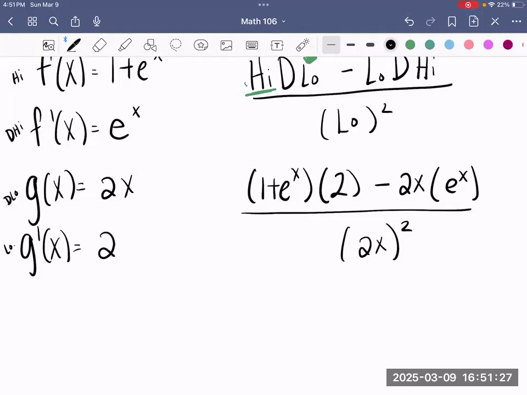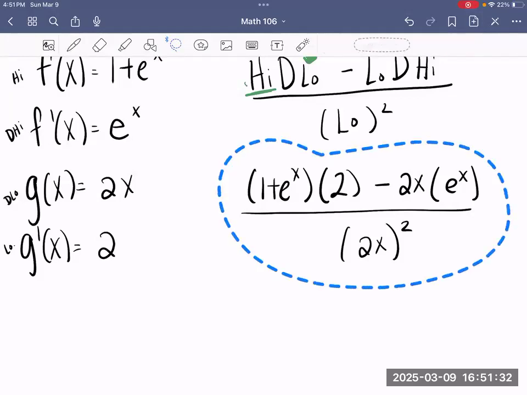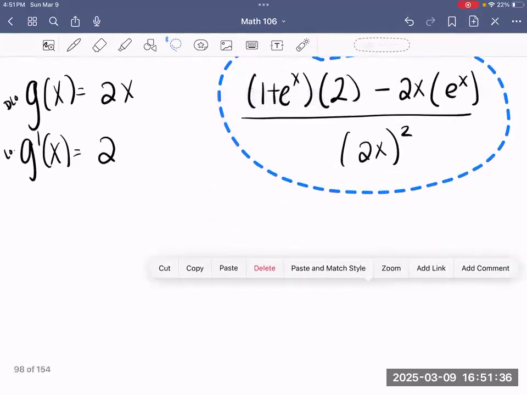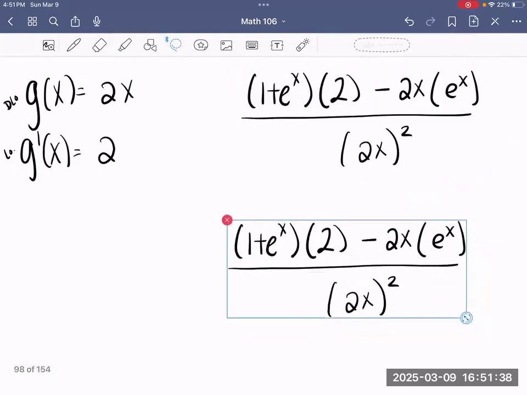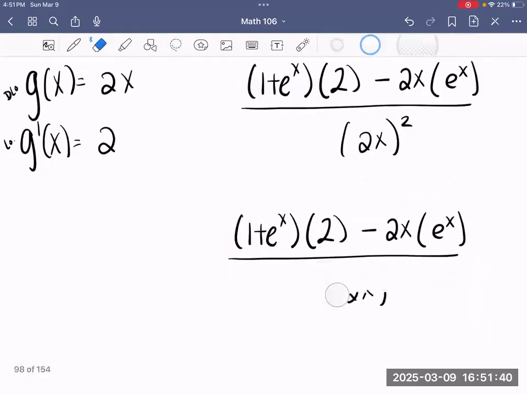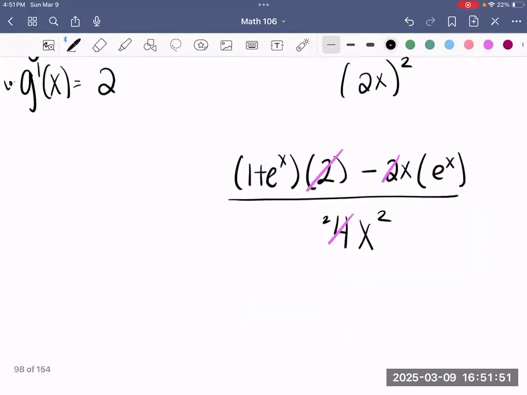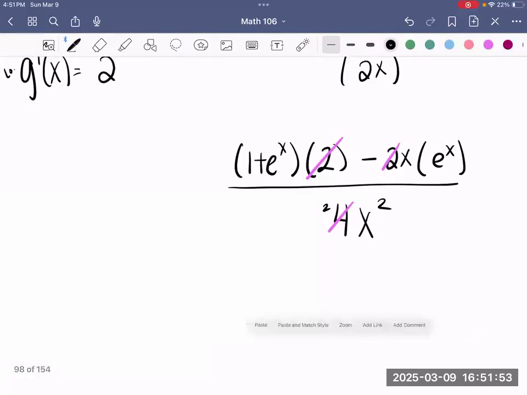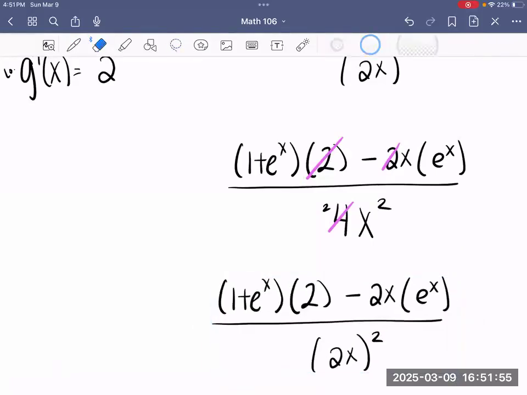So is there something that we can see that all three terms have in common? Well, even if we took this, we should see that they do end up having a 2 in common, but let's do this part out. If we distributed that bottom one in, we should have 4x squared. But you'll notice that we have a 2 in common for each of them. That'll leave behind a 2 here. So if I were to get rid of some things, that would be this thing here.